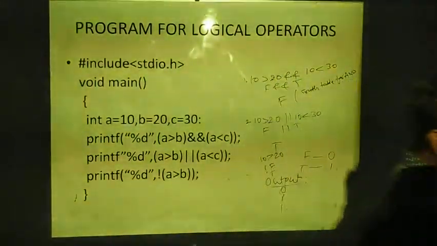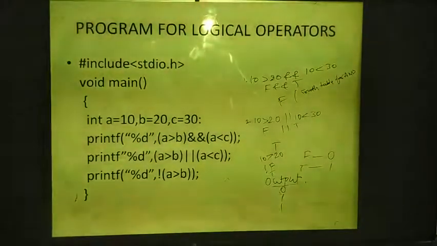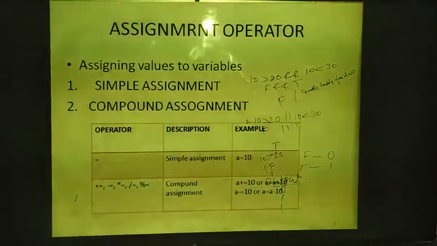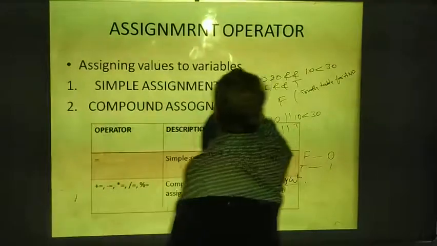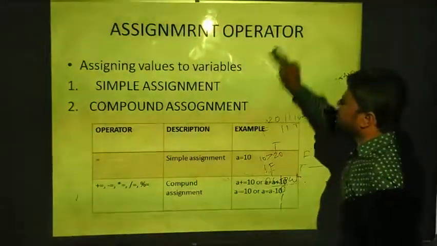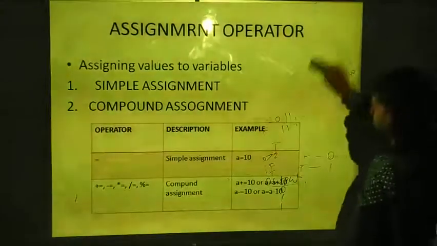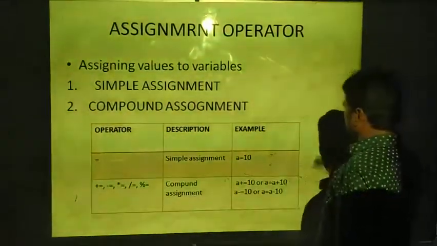Now, if we see the next operator, the next operator is the assignment operator. Now, what is the assignment operator? The assignment operator is equal to, used to assign values to variables.